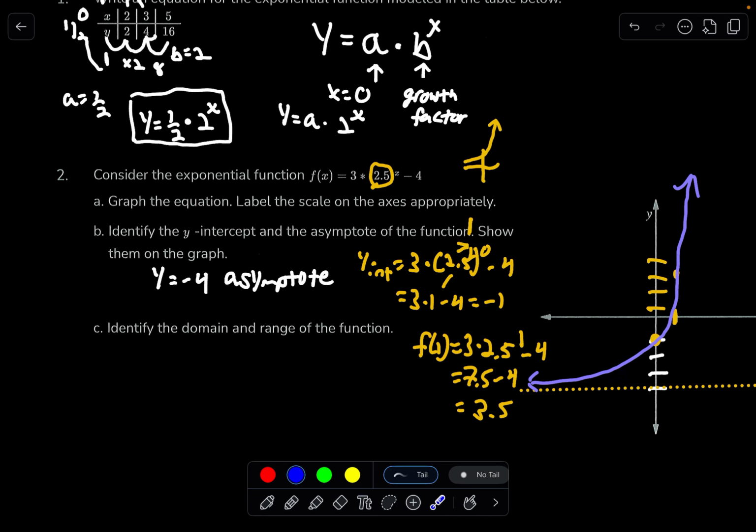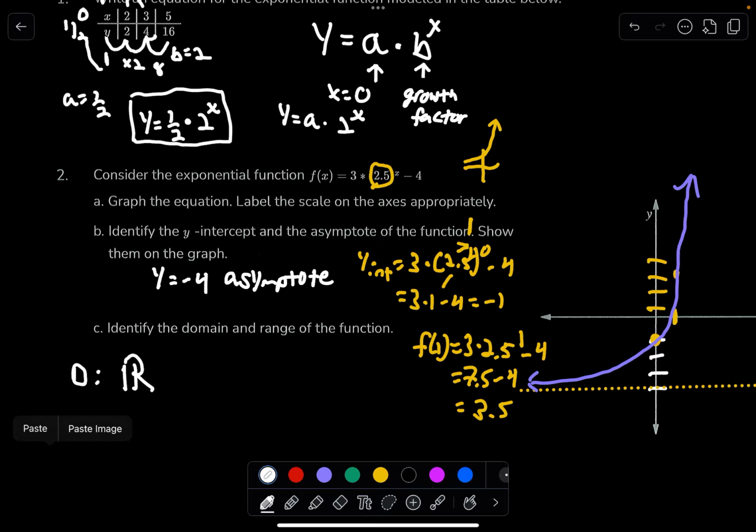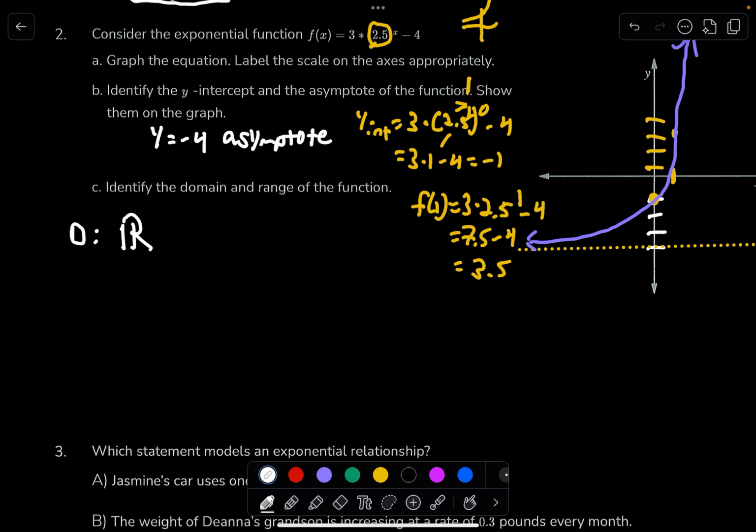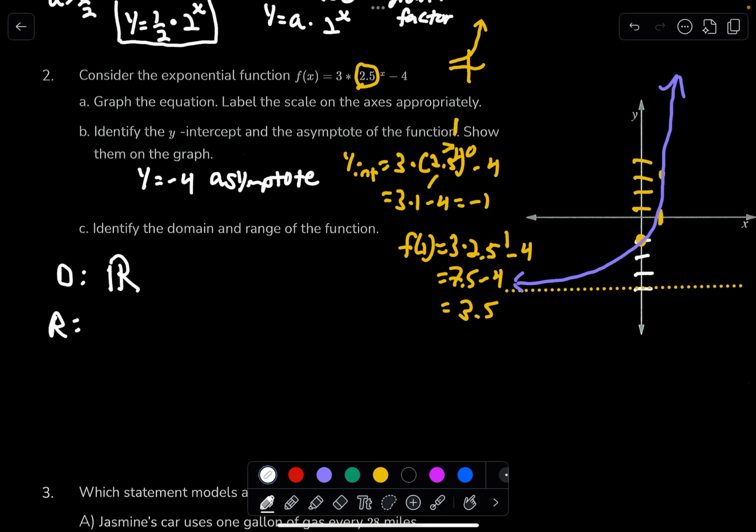Identify the domain and range. The domain is easy. For exponentials, the domain is going to be all real numbers, always. The range is going to be, as you can see, our horizontal asymptote is y equals negative 4, so you know that the range is going to be y is greater than negative 4.